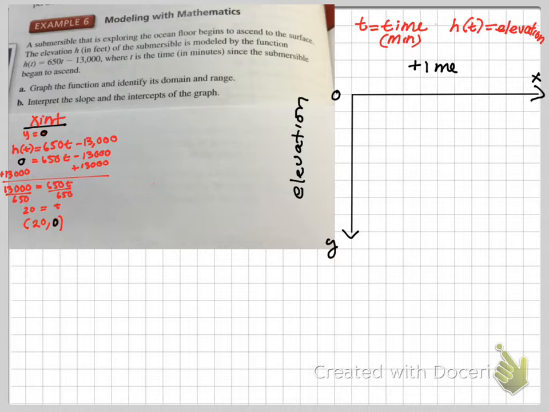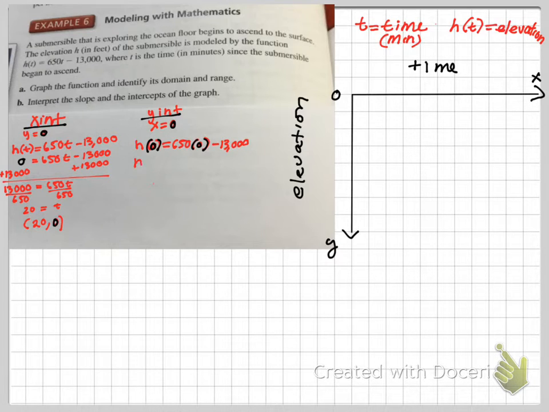Then we're going to find our y-intercept. Here I have to set x equal to 0. So we're going to do h of 0, which equals 650 times 0, and then I have my minus 13,000.